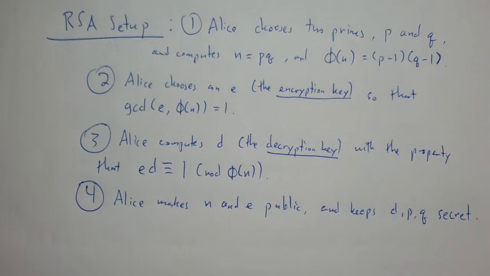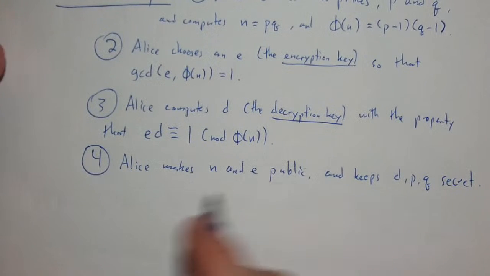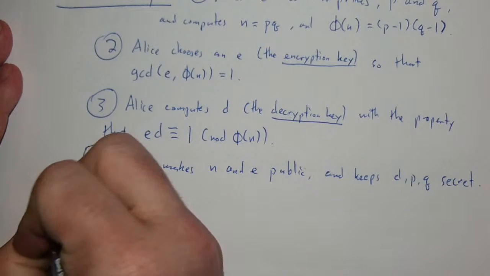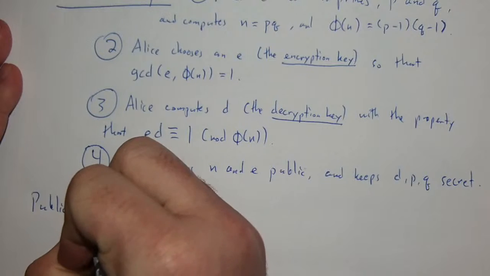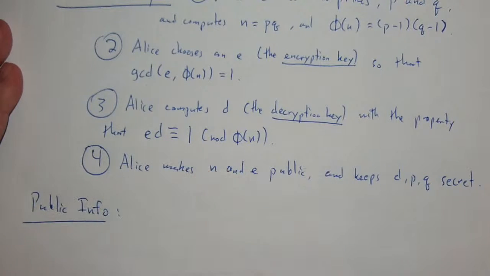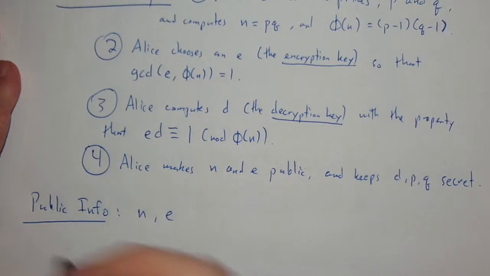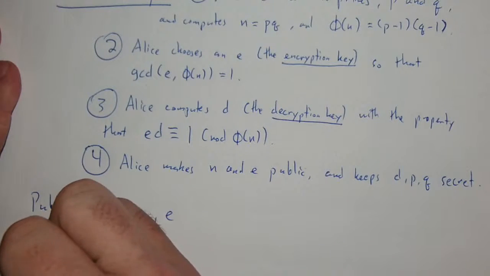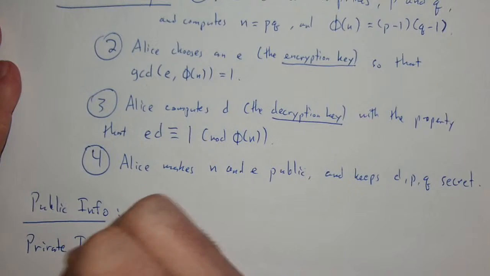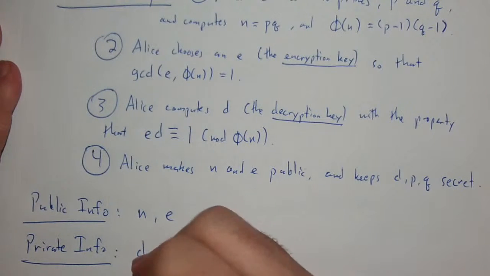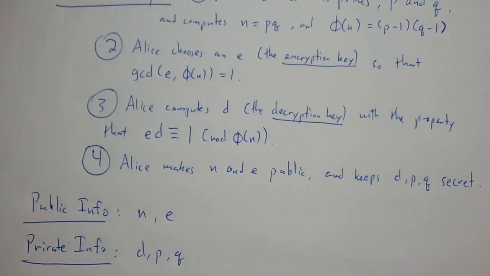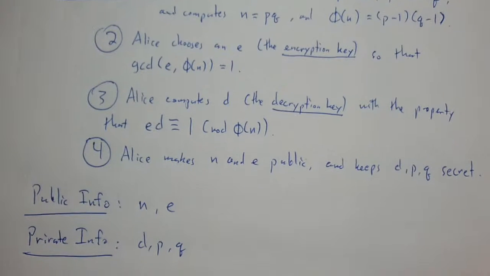So I have public info, which is N and E, and I have private info, which is D, P, and Q. And this is as good as I can do. As I said, if I make any of these things public, this whole thing falls apart.